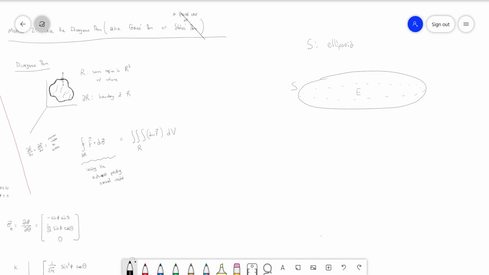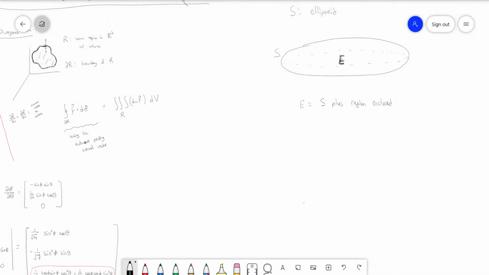So I'll refer to the entire volume as E, I guess, for ellipsoid. So E is like the ellipsoid S plus the region that's enclosed in it as well. So it's a region with some volume to it. It's three-dimensional.